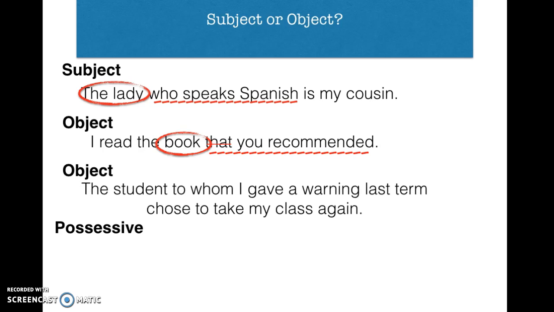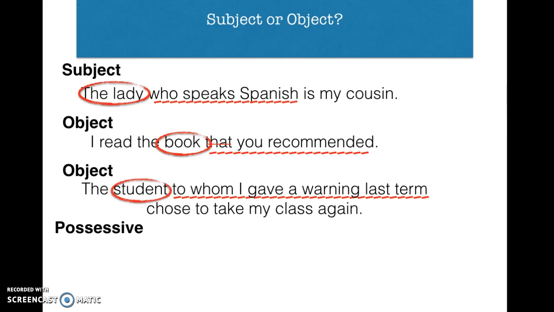And sometimes the sentence structure is slightly different. So the student to whom I gave a warning last term, okay, to whom I gave a warning last term, in this case, the student is actually the object of that clause. And if that's the case, we can use whom.